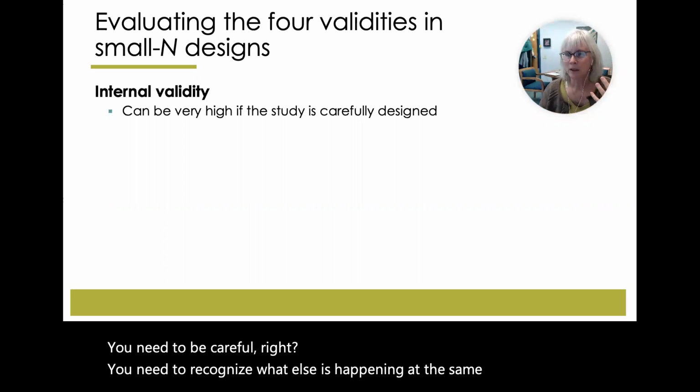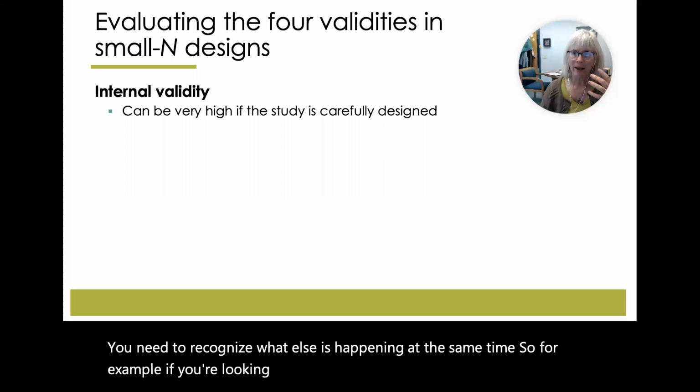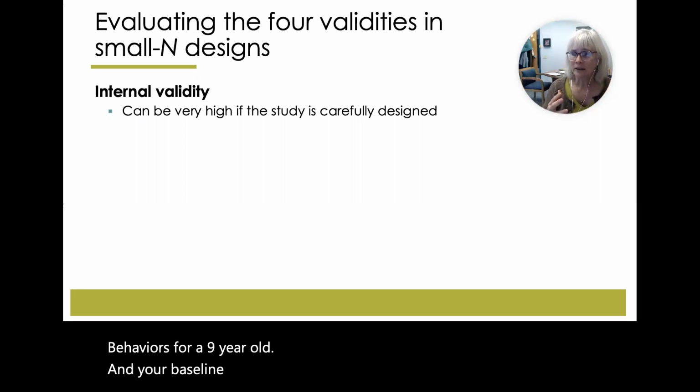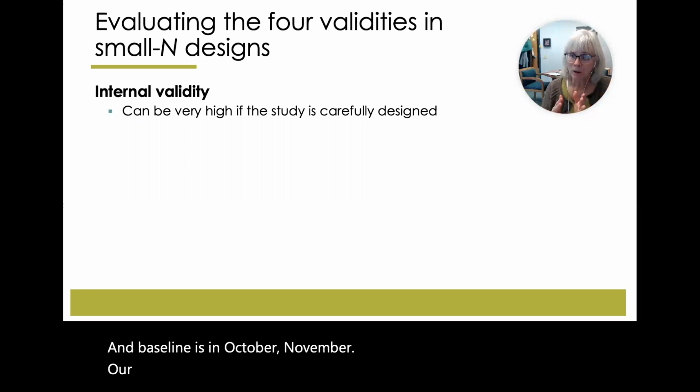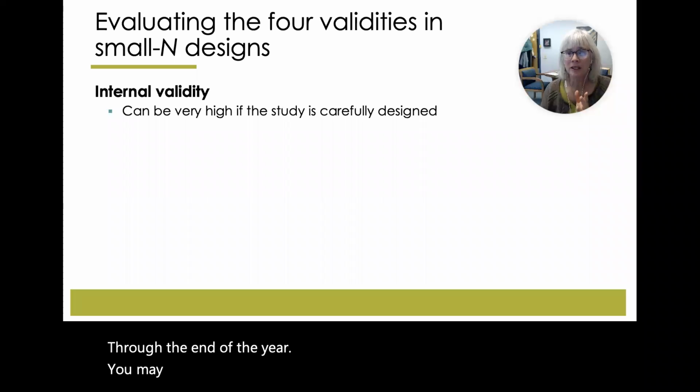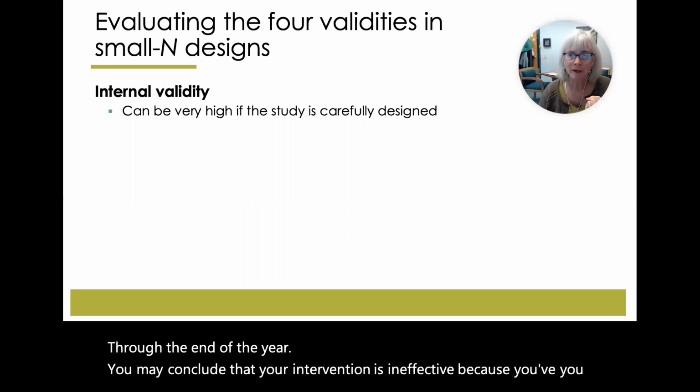So for example, if you're looking at attention behaviors for a 9-year-old and your baseline is in October, early November, and your treatment period is in late November through the end of the year, you may conclude that your intervention is ineffective because you haven't removed some of the confounds.